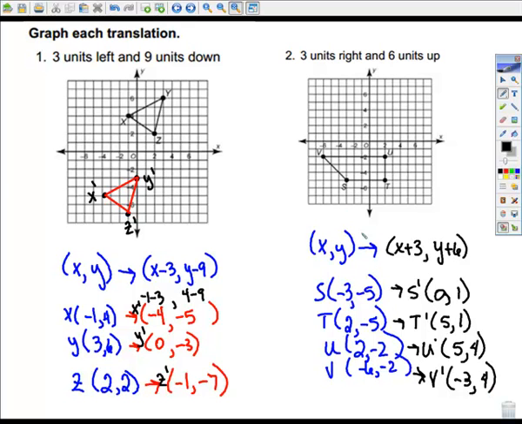So let's go ahead and plot this. I have 0, 1, there's s prime. 5, 1, there's t prime. 5, 4, u prime. And -3, 4, v prime.